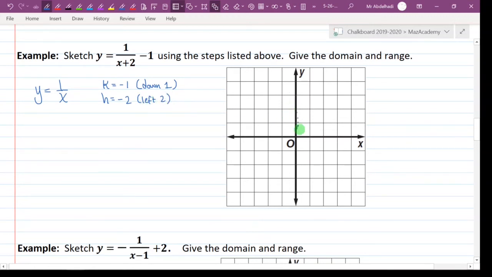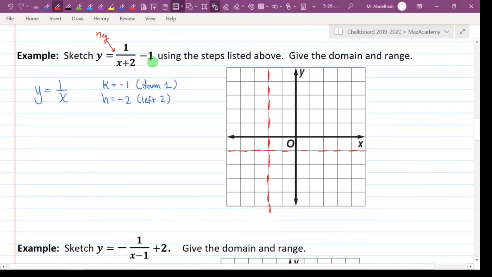So my original asymptotes used to be the x and y axis, but my new asymptotes, they're going to be, well, down 1. The x-axis moves down 1, so it's down here now. And what used to be the y-axis is now to the left 2 spots, so that's over here. Another thing you have to look out for is there a negative right after the equal sign? Because if there's a negative right over here, we've seen this all year long, that means flip the thing upside down.